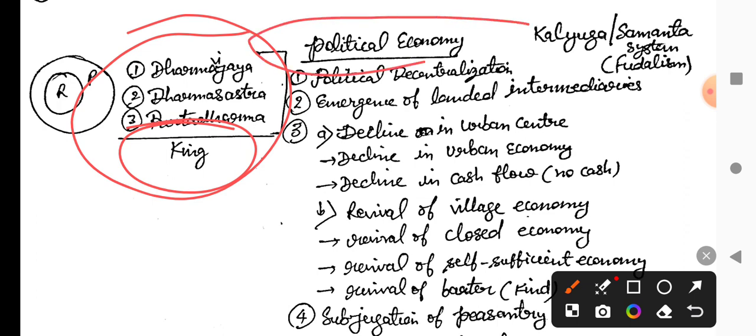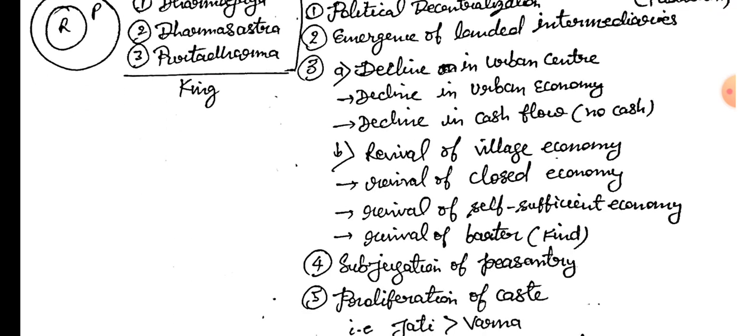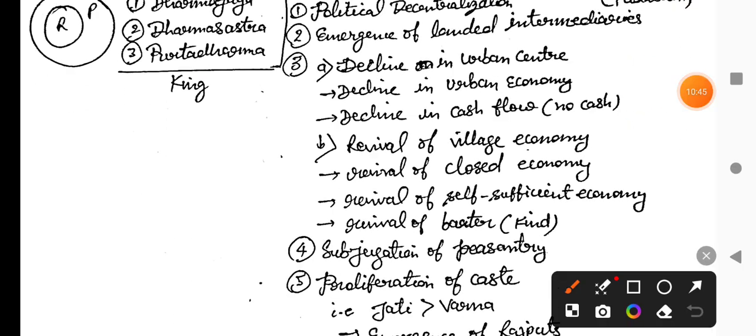And here we will understand how the political economy declined during this period, during the samant system or feudalism. So political decentralization happened, and landed intermediaries emerged, and the urban economy and cash flow declined due to the guild system.